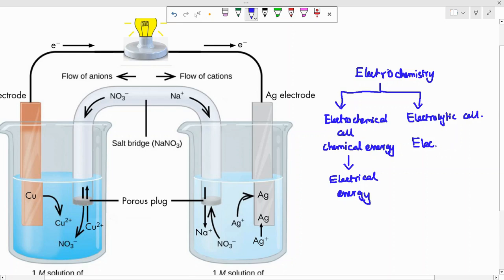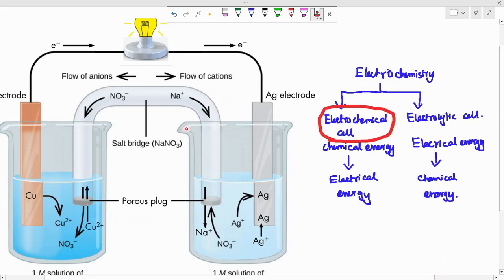Like that, we are going to give electrical energy for some chemical reaction. So electrical energy will be used to proceed the chemical reaction, and electrical energy will be converted into chemical energy by using this device. But in this part, we are going to discuss only the electrochemical cell.